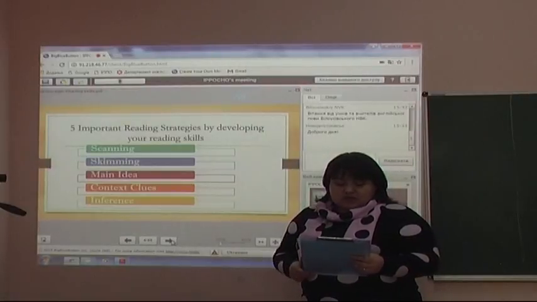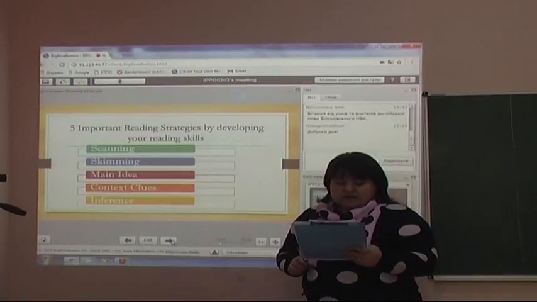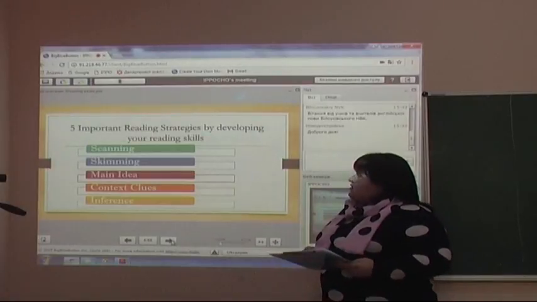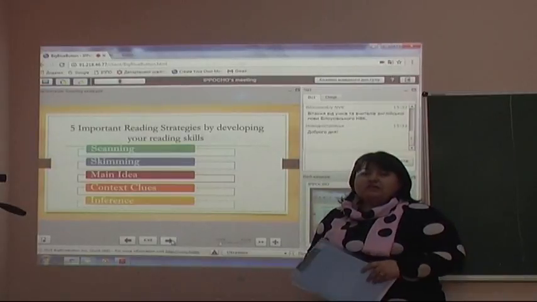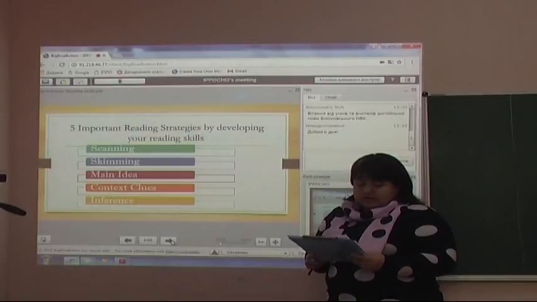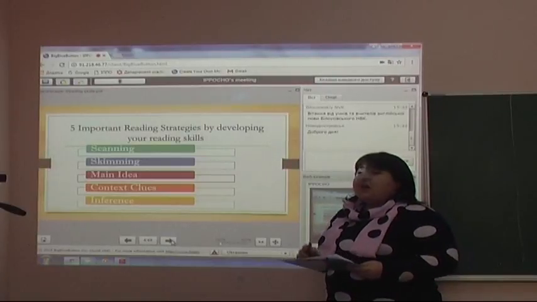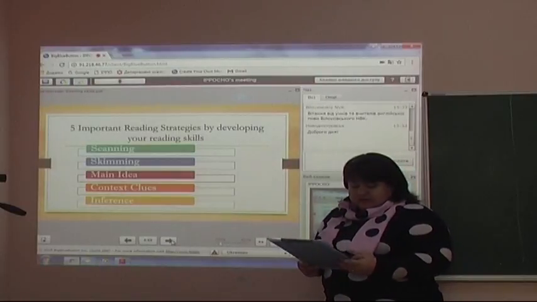So, you know that all of these strategies can help you in your final testing this year or the next one. So now let us see how they work, and we can see how it is used quickly.